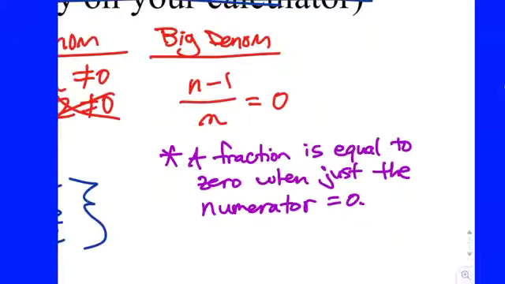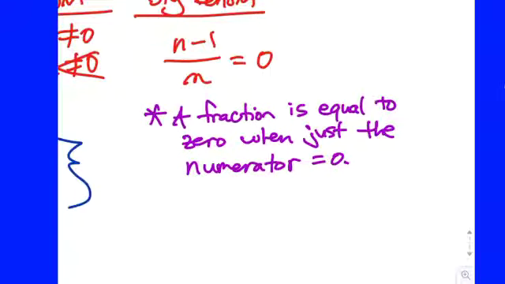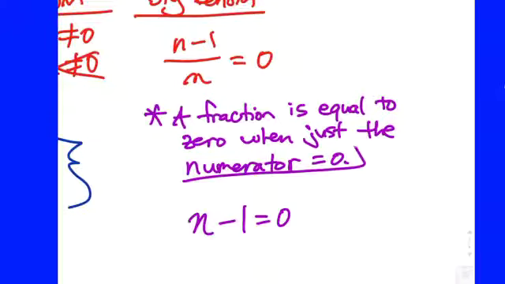Okay? So it's going to end up giving you the same thing as if you multiplied both sides by n. But we're going to get to that by a different logic. n minus 1 over n is equal to 0 when the numerator n minus 1 is equal to 0. Okay? That's what we're doing. So we're not getting rid of the n. We just realized that it's not important for the 0.